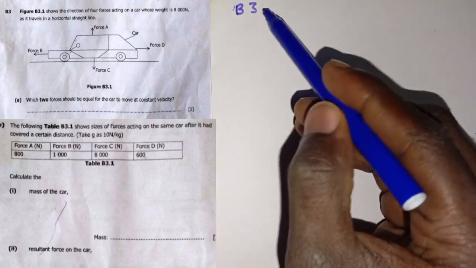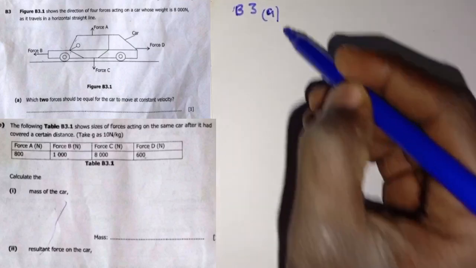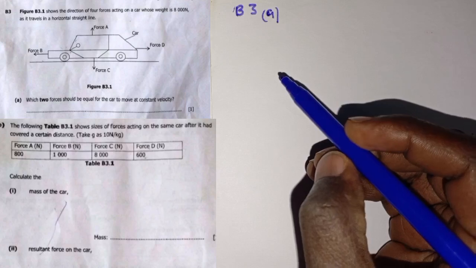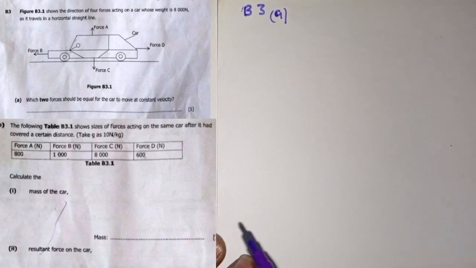Then BA says, okay, let's do this nicely. It says which two forces should be equal for the car to move at constant velocity. So which two forces must be equal?